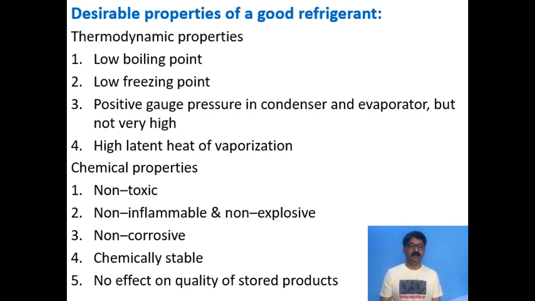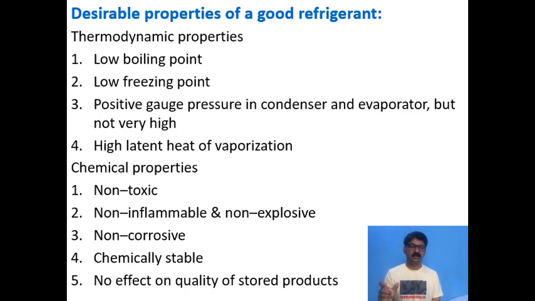If it evaporates, it can absorb more heat, because you know that the latent heat is more than the specific heat. For example, if I take water, in order to increase the temperature of 1 kg of water by 1 degree, I have to supply the amount of heat called the specific heat, which is 4.186 kilojoules per kg. Whereas the latent heat, from liquid water to water vapor, is 2200 plus kilojoules per kg.